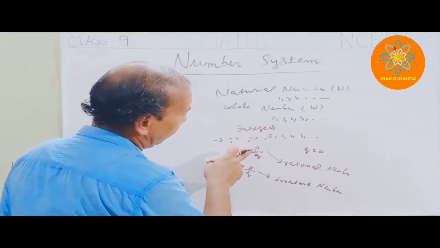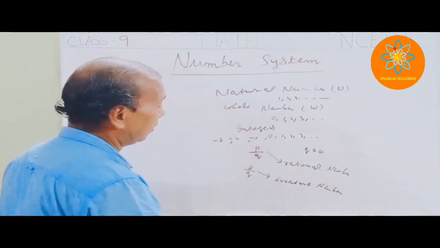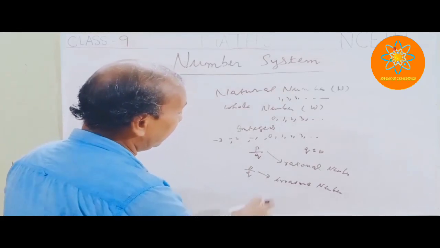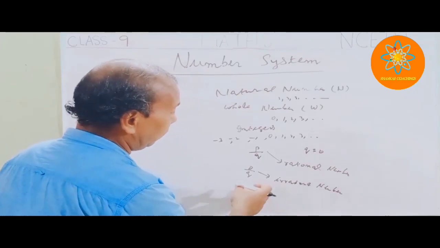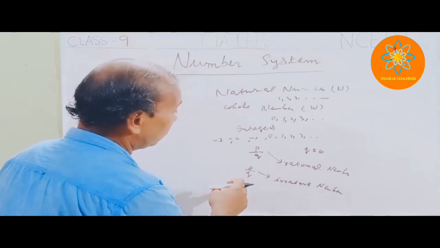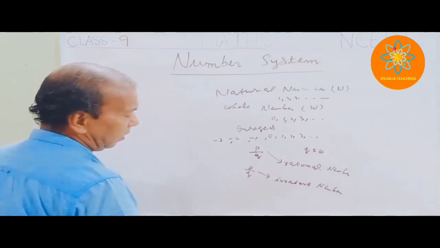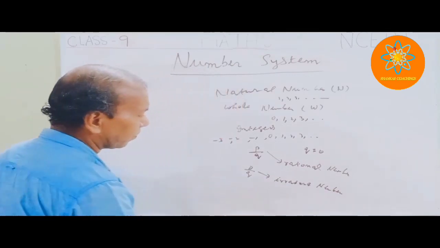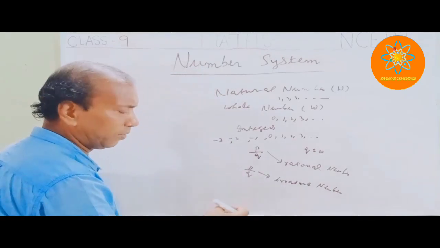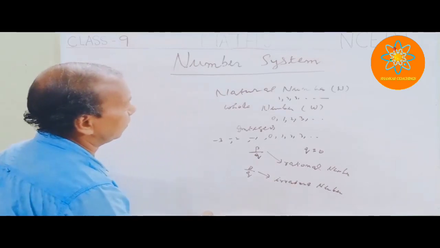When you change the p by q form into decimal, that is the decimal number. So we used to study about the decimal number also. The irrational number, if it is in the decimal form, we will see later on. In the irrational case, it is the case of non-terminating, non-recurring. We will study later on. Non-terminating and non-recurring is called the irrational number.